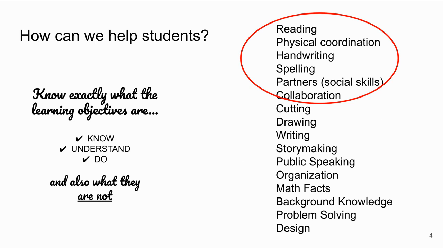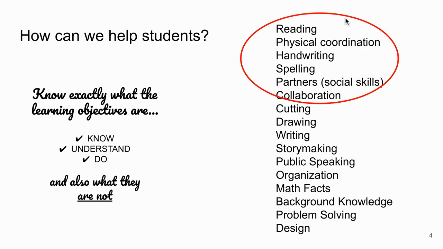And so, if you're a student who happens to be amazing at problem solving or design, but your teacher doesn't prioritize those in lesson planning, you might spend your days feeling really quite frustrated.